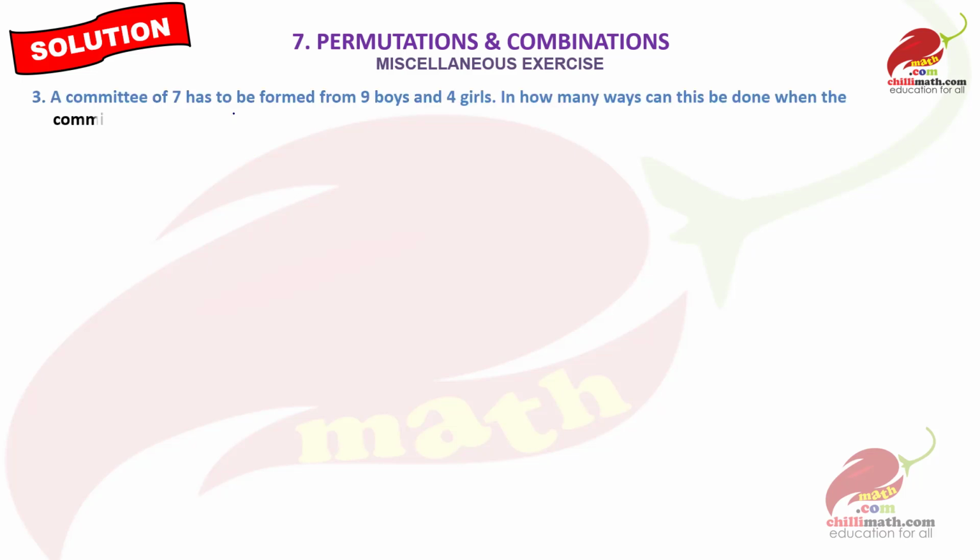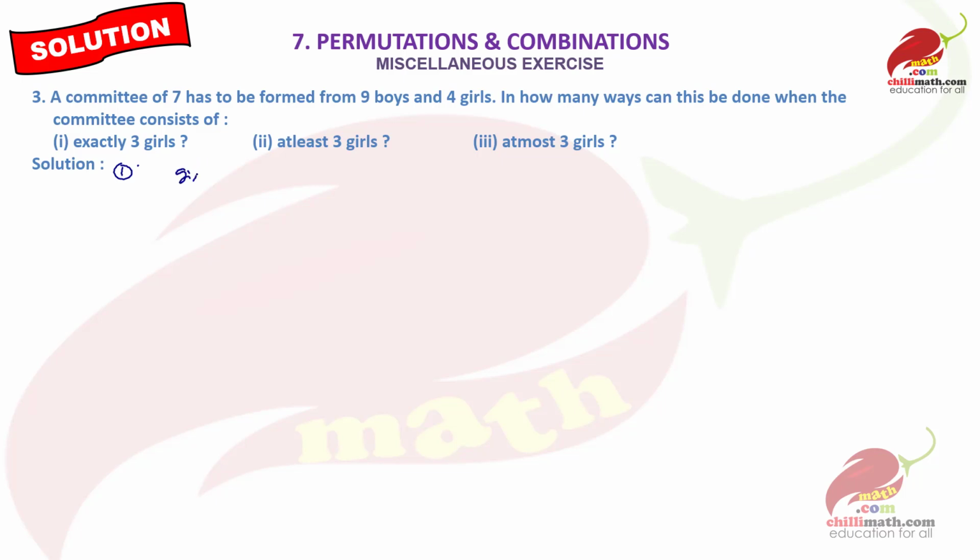A committee of 7 has to be formed from 9 boys and 4 girls. In how many ways can this be done when the committee consists of exactly 3 girls, at least 3 girls, at most 3 girls? So first case is exactly 3 girls.